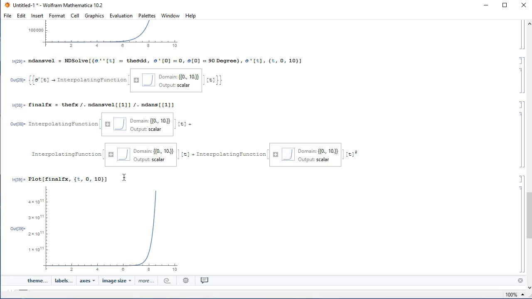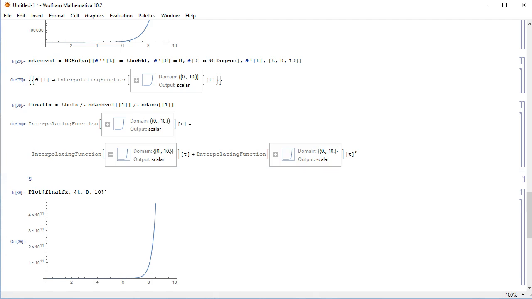Now, you can also do the same thing for Fy. So you have a final Fy, which would be very similar to what I'm doing here. And then you can find the magnitude. You could say I want the square root of the final Fx squared plus the final Fy squared, which I haven't defined, so you'd want to do that, and call that the F magnitude.